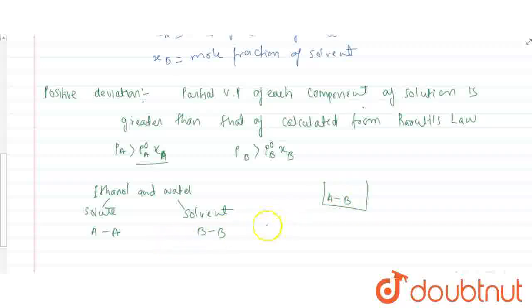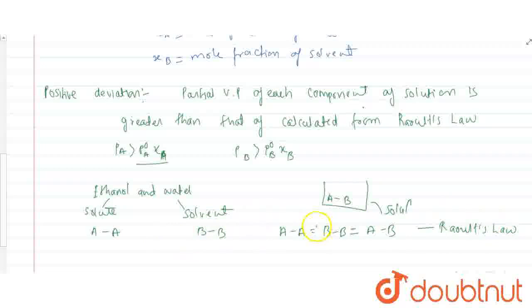Now if the force of attraction between AA, BB and the interaction between A and B are all three equal, then it follows Raoult's law simply.